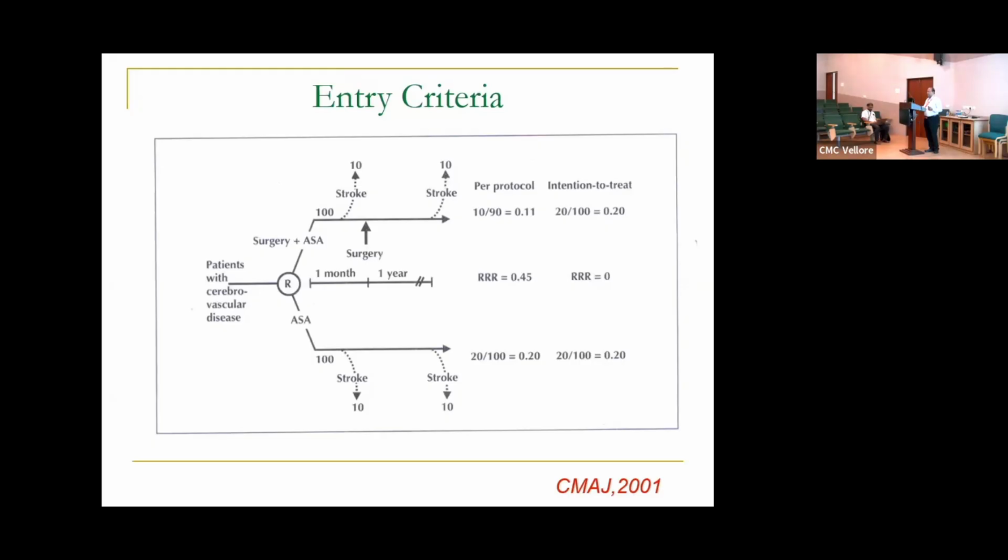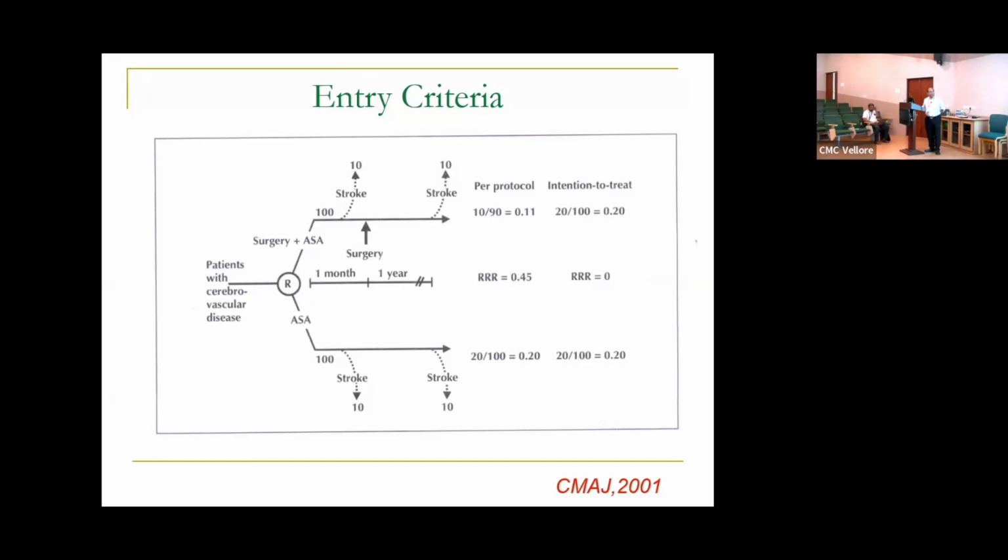So there are 100 patients who are entitled to get this arm, and 10 already developed stroke before they received that intervention. Therefore, in the intention to treat analysis, 100 are randomized to that arm, so 100 are kept in the denominator. And 20 had strokes, therefore 20 is in the numerator.